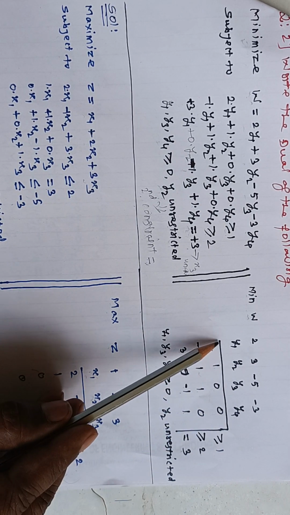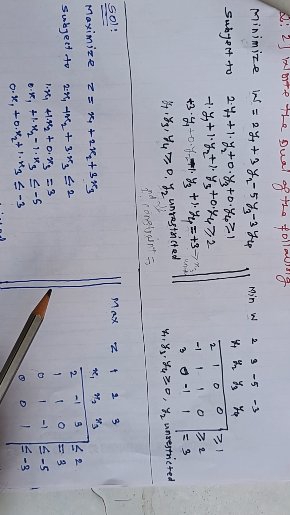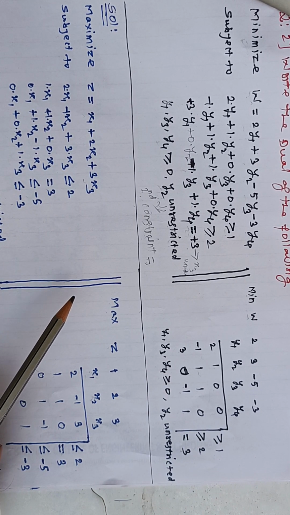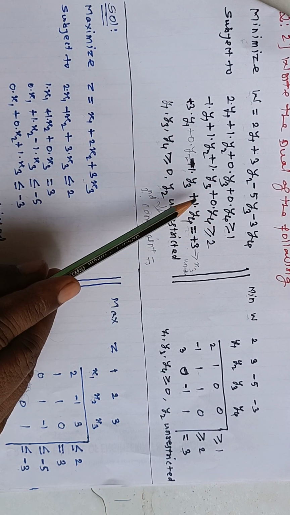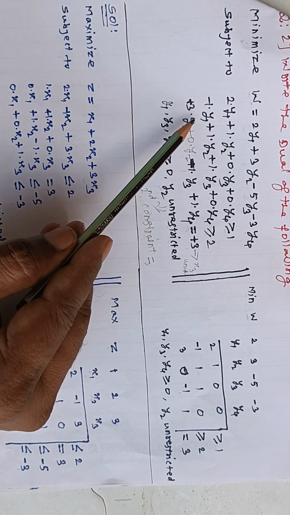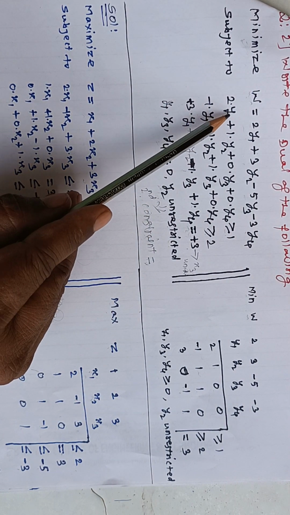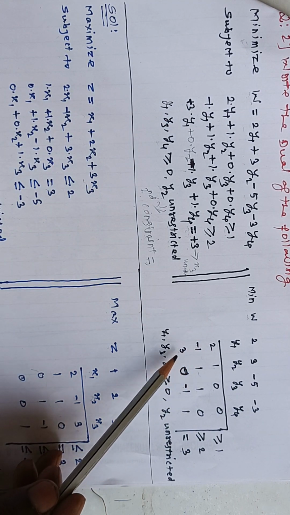And under this horizontal line, we have to put the coefficients of y1, y2, y3, y4 from the constraints. First of all, coefficients of y1 from the constraints. Coefficients of y1 are 2, minus 1, 3. Put here 2, minus 1, 3.